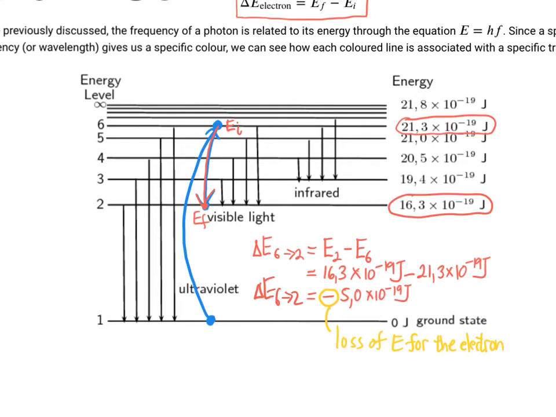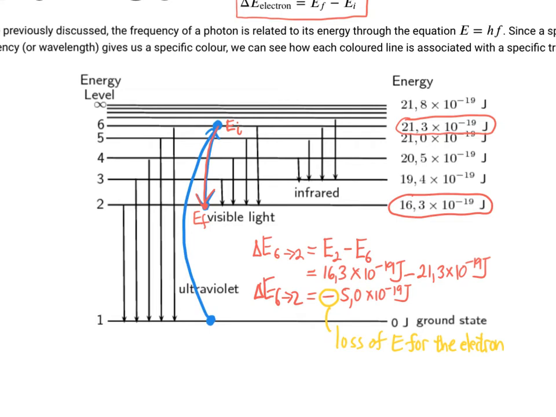Now, where does this energy go to? Well, that's the point. This energy can't just disappear. There's conservation of energy here. So we know that this energy jump from there to there came from an external source. And in a gas discharge tube, that would come from a highly energetic electron.